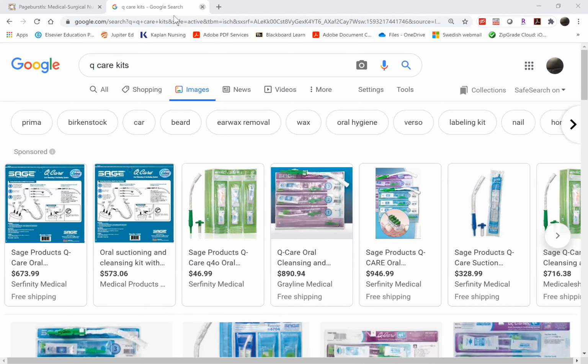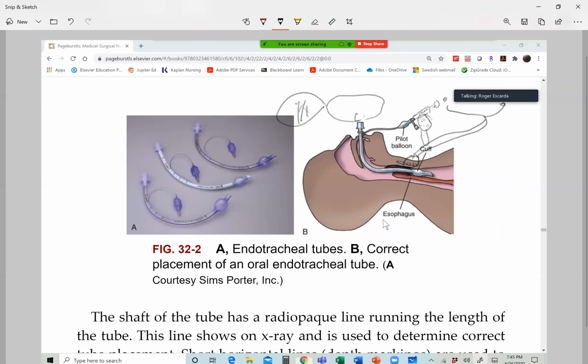All right. I'm sharing it from experience. I've gotten in trouble for not using the oral care kit. You don't lose your job, but it reflects badly on you. It's embarrassing. You're a nurse, and then you're not doing what you're supposed to do.